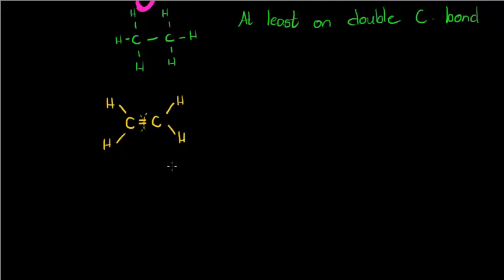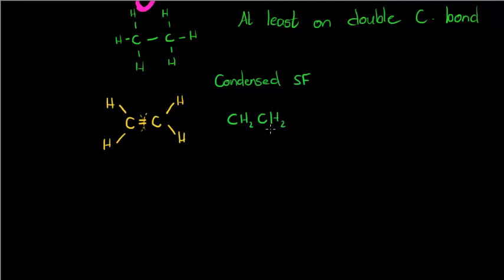Now, naming works exactly the same. Let's start with the condensed structural formula, which describes each carbon and the hydrogens, or all the bonds that they have. We start with carbon, then the hydrogens. The first carbon has two hydrogens. The next carbon has two hydrogens.